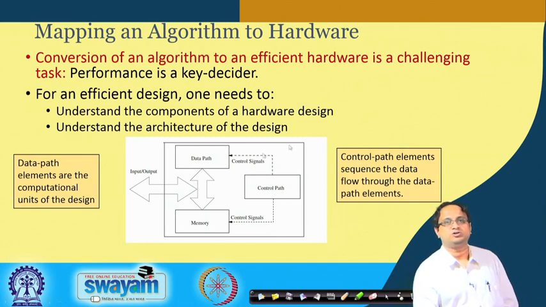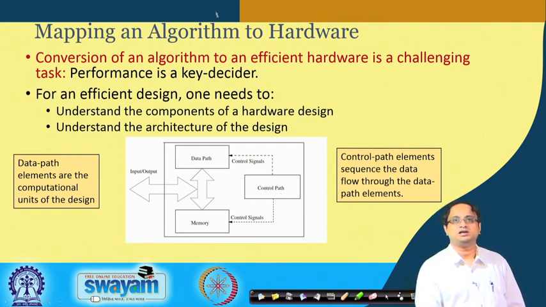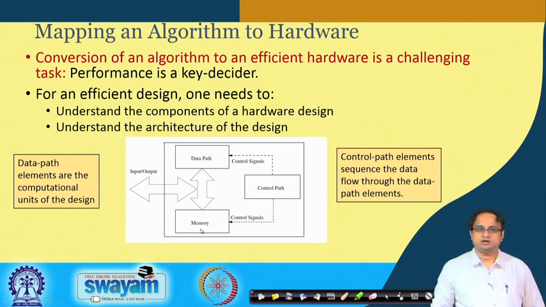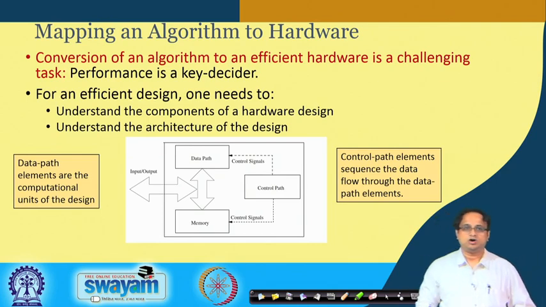Some of this data may also reside in the memory, so the data path element may need to fetch some data from the memory and also write back into the memory. The control path communicates with both the data path and the memory and tries to sequence your operations.